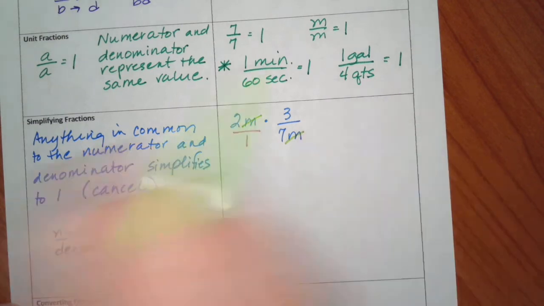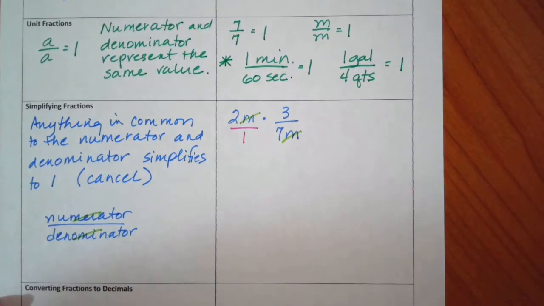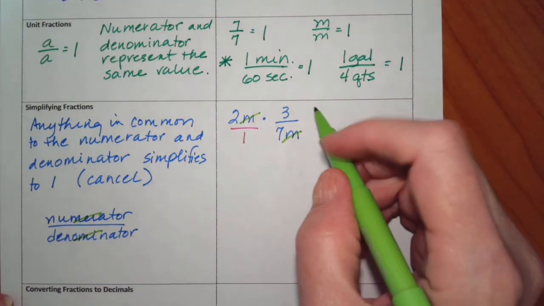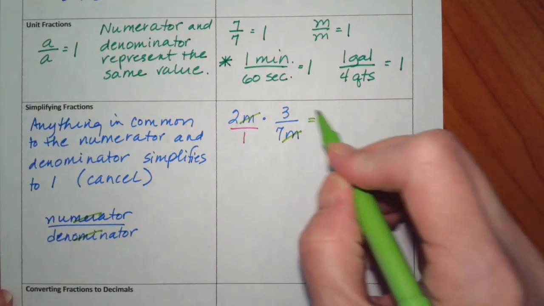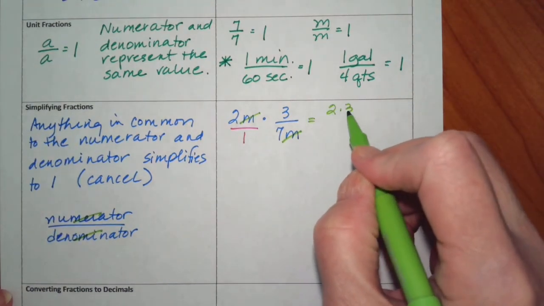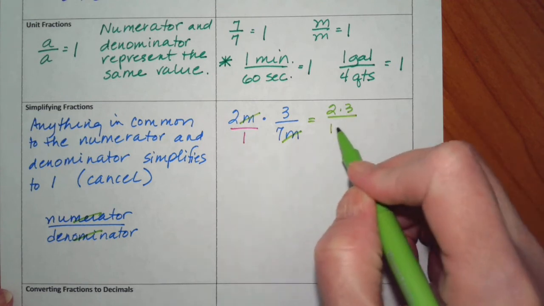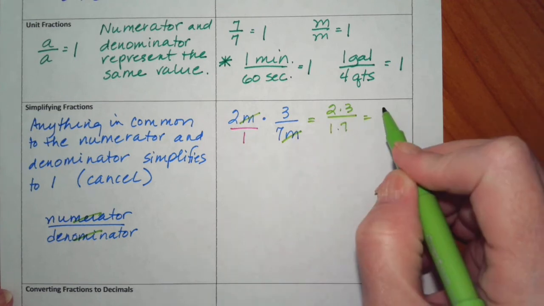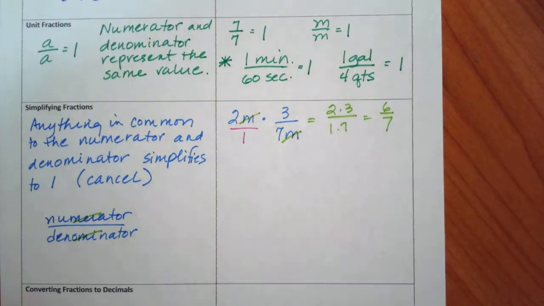Anything divided by itself cancels or becomes 1. So what I have left in the numerator is 2 times 3 divided by 1 times 7, which gives me 6 over 7.